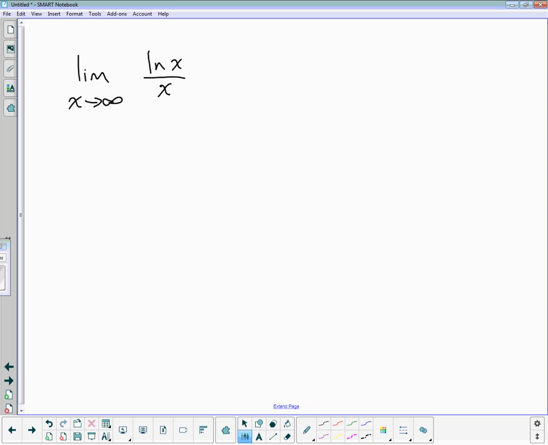So, first thing you always try and do is plug it in and see what happens. Okay. Well, the natural log of a number that gets really, really big. Well, look at the graph of the natural log. Does it get really, really big? Does it get really, really small? Where does it go?